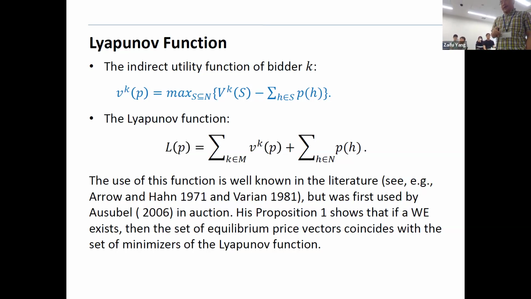He proved that if the market has a Walrasian equilibrium, then the set of equilibrium price vectors coincides with the minimizer of the Lyapunov function. This Lyapunov function is a convex function bounded from below.